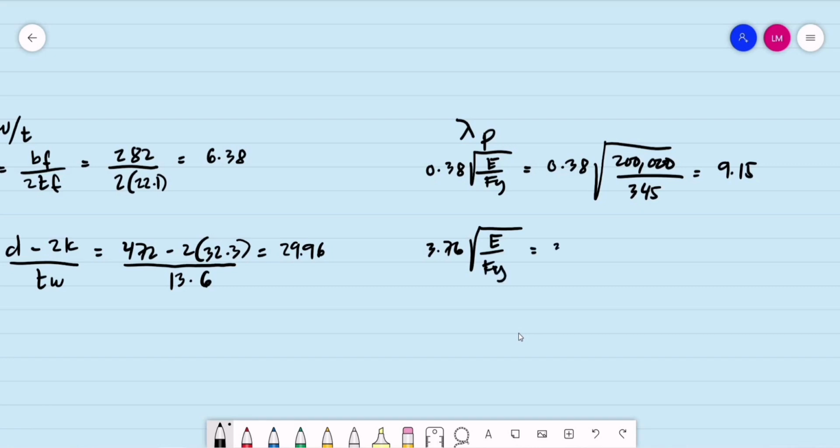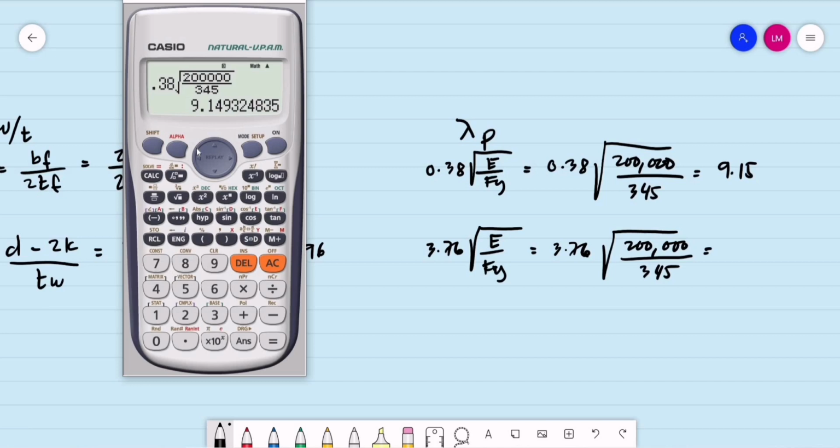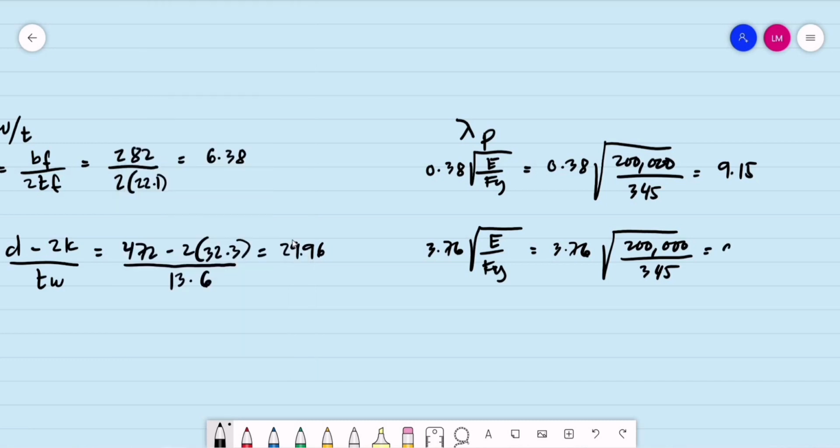This is now equal to 3.76 multiplied by the square root of 200,000 divided by 345 megapascals. We just edit this input, replacing 0.38 with 3.76, and that is equal to 90.53.